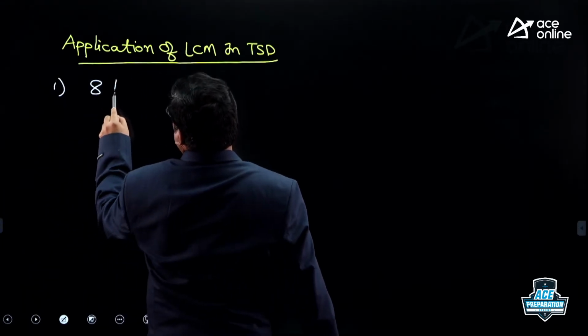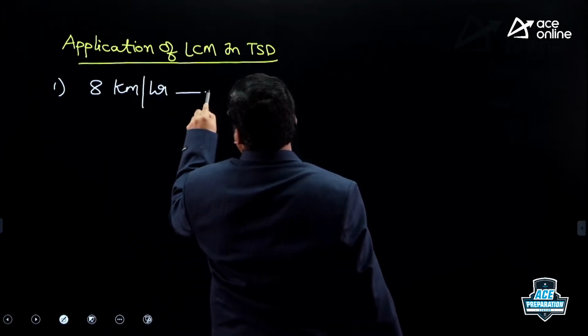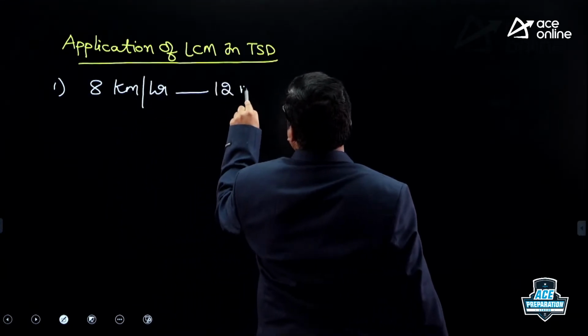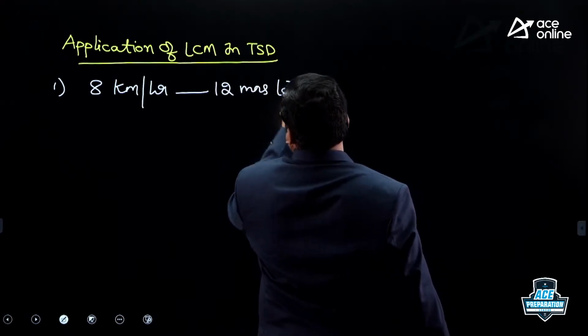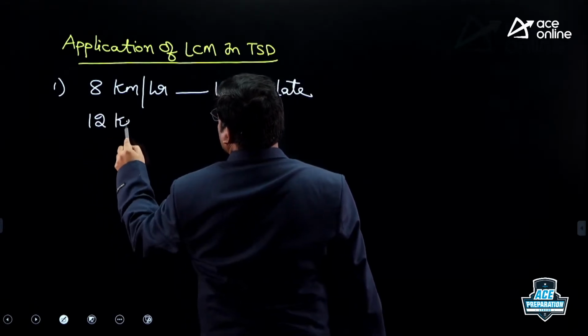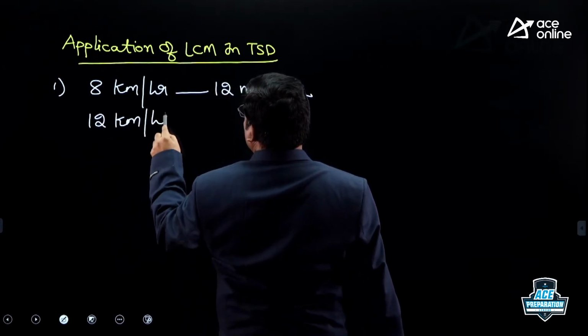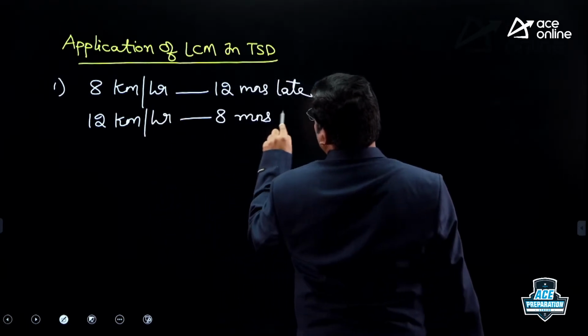A person starts from home at 8 kilometers per hour. He reaches office 12 minutes late. Next day, he starts at 12 kilometers per hour. He reaches office 8 minutes early.